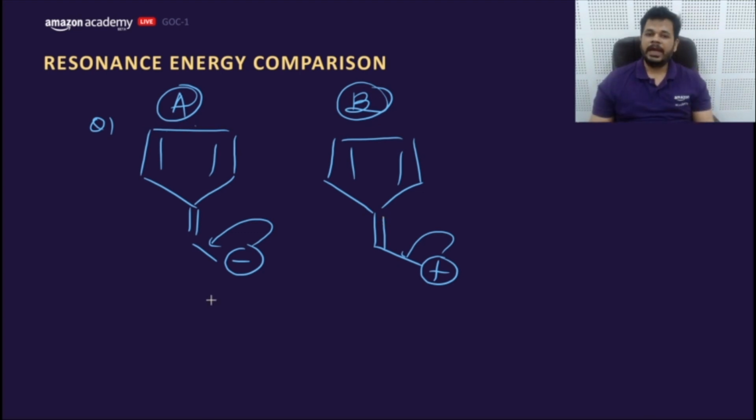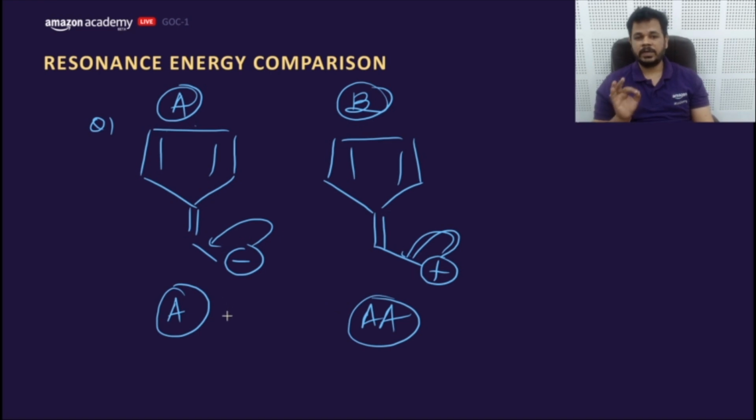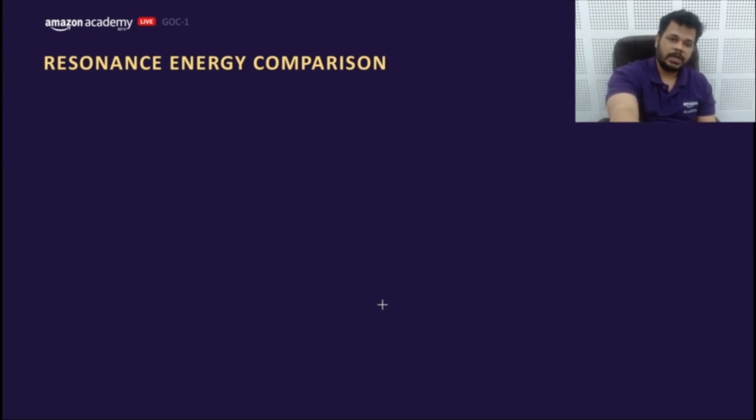If you move the negative charge in the ring, you will find it aromatic, and if you move this positive charge inside the ring, you'll get it anti-aromatic. That means the quality of resonance of aromaticity would be better compared to anti-aromaticity. So this is the way of answering resonance energy.